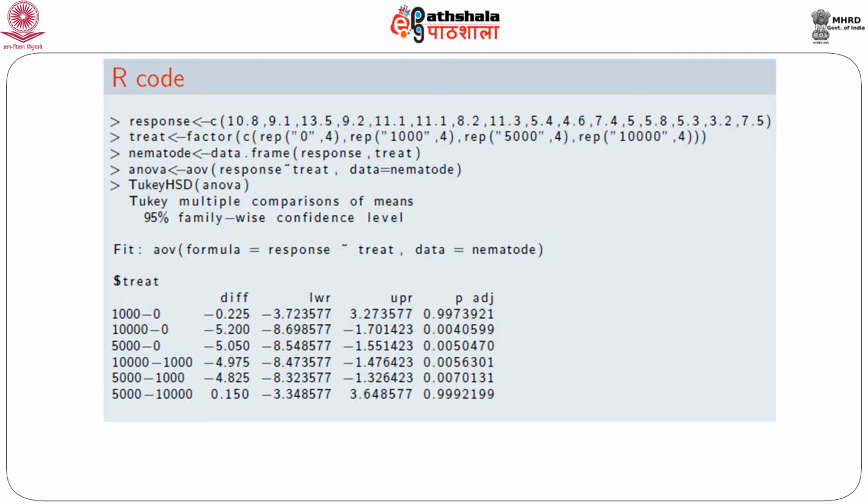Now, it says how to compare all the possible pairs. Remember, the different groups are called 0, 1000, 5000 and 10,000. So, the very first line compares the 1000 group with the 0 group. The difference turns out to be minus 0.225 and it creates an adjusted p-value.